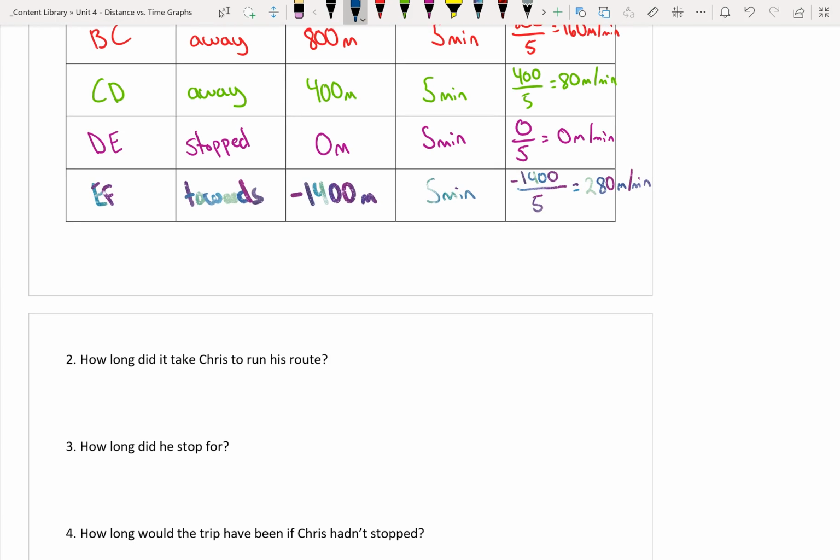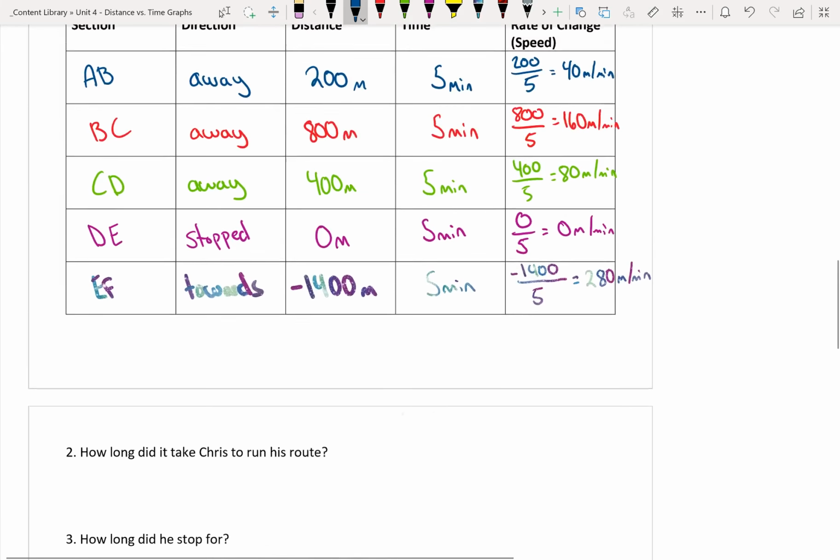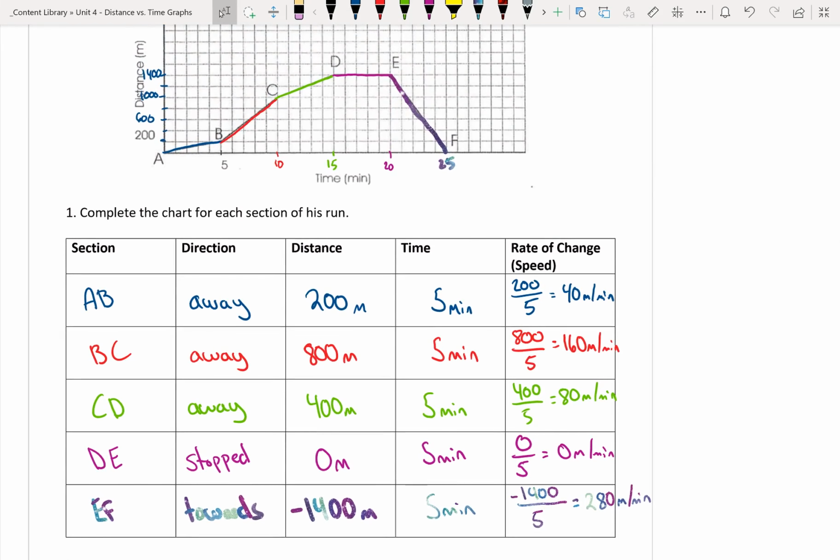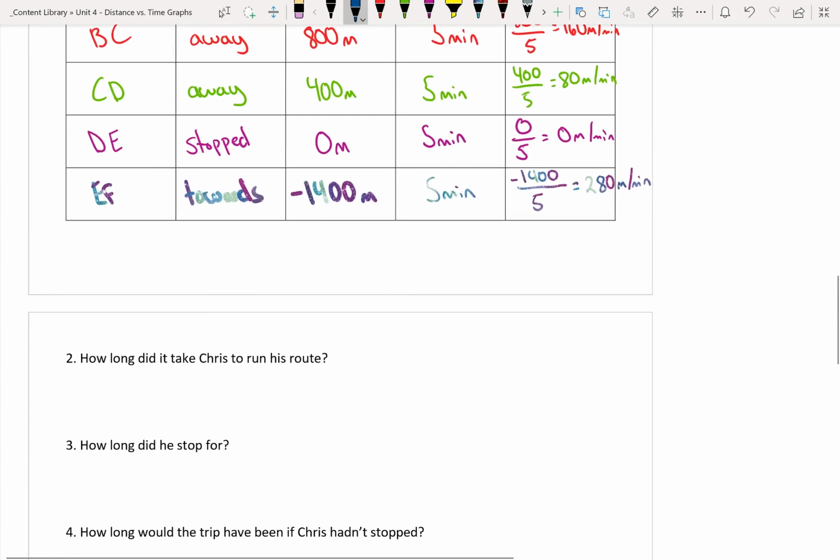How long did it take Chris to run his route? We could add up the time of each section, or we could look at, well, he starts at 0, and where's the last point, or where does the last section end? It ends at 25. So it takes him 25 minutes to run. How long did he stop for?